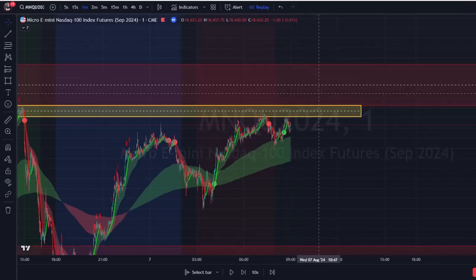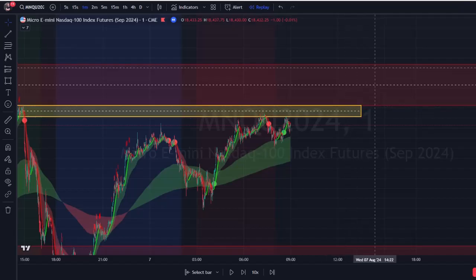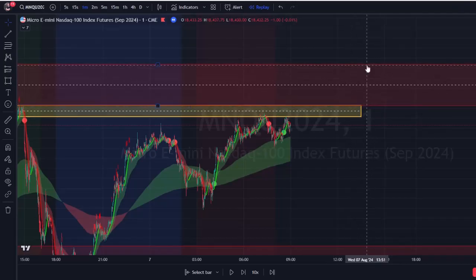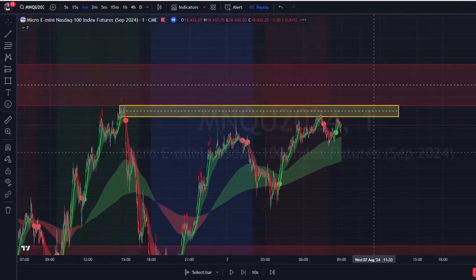I'm setting up my order blocks. These yellow and red blocks are the 15-minute and 4-hour time block order blocks, and what that means is large sections of either buy or sell orders by the institutions are within these big blocks.